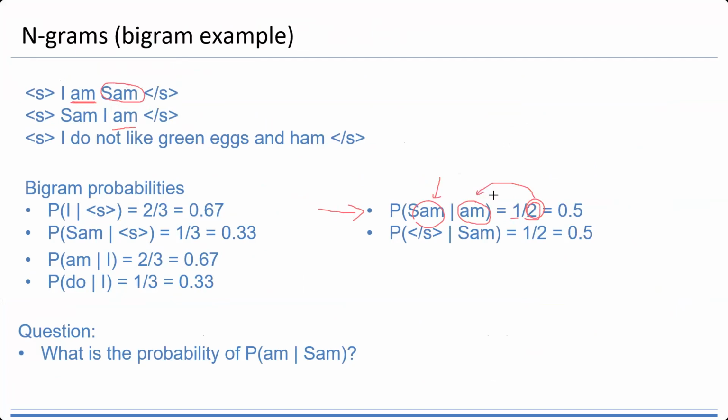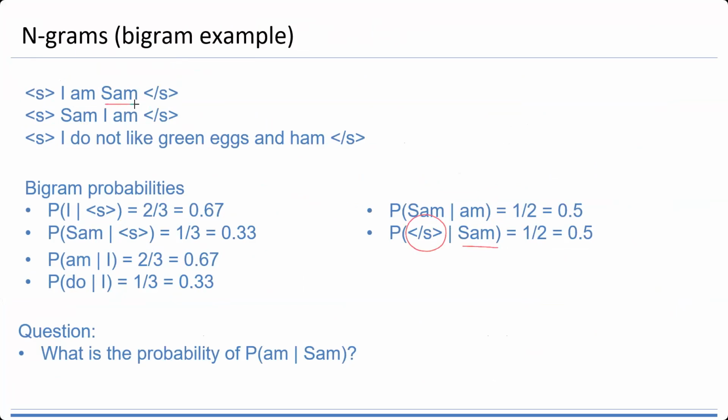M. And then this one we have the same. I want to know the end of the sentence followed by the word Sam.